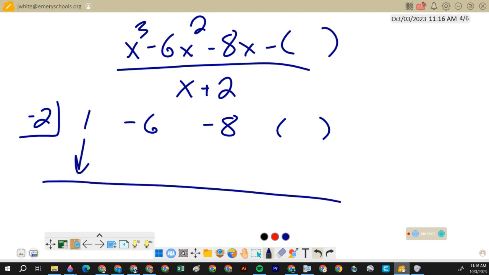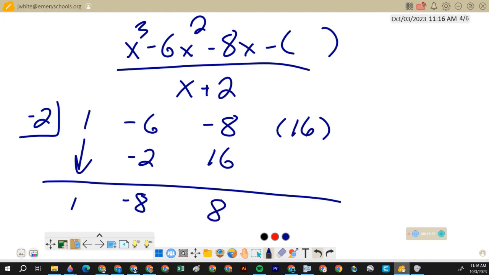Okay. Drop the 1. Negative 2 times 1 is negative 2. 6 minus 2 is negative 8. Negative 2 times negative 8 is 16. And that's 8.